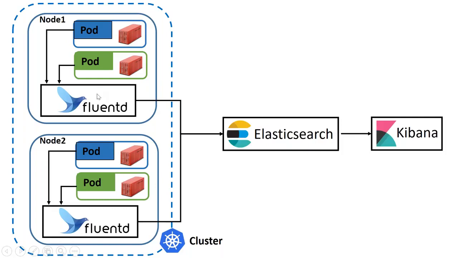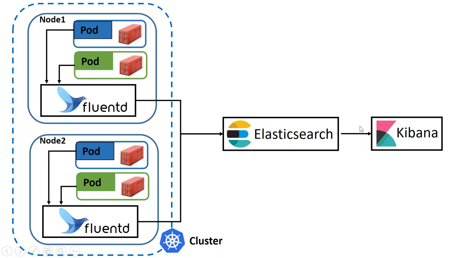So it's very easy if you use FluentD within the cluster, and you don't have to make many changes. Whenever you have a requirement to read logs, use FluentD within your Kubernetes cluster. That's why it's a combination of EFK: Elasticsearch, FluentD, and Kibana.